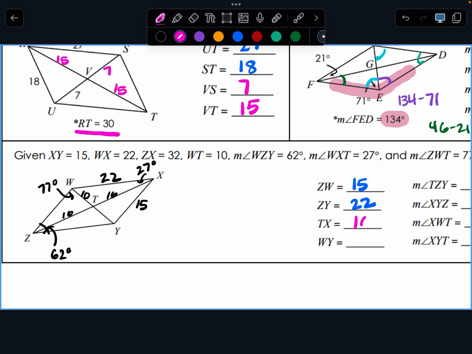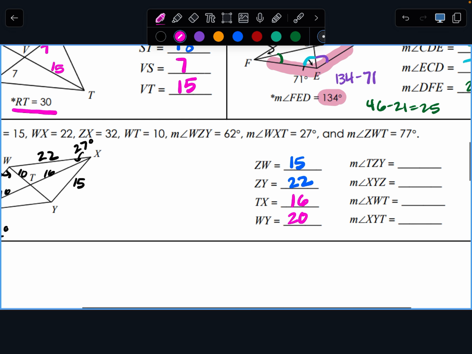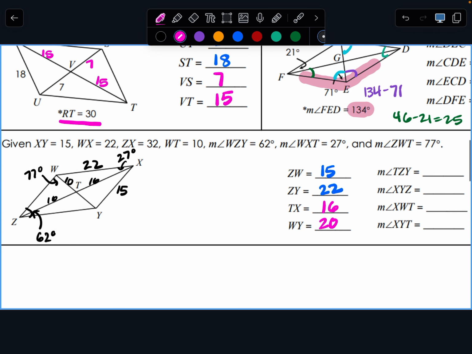TX is 16. What is WY? 20. The measure of angle TZY. 27 because those are alternate interior angles.